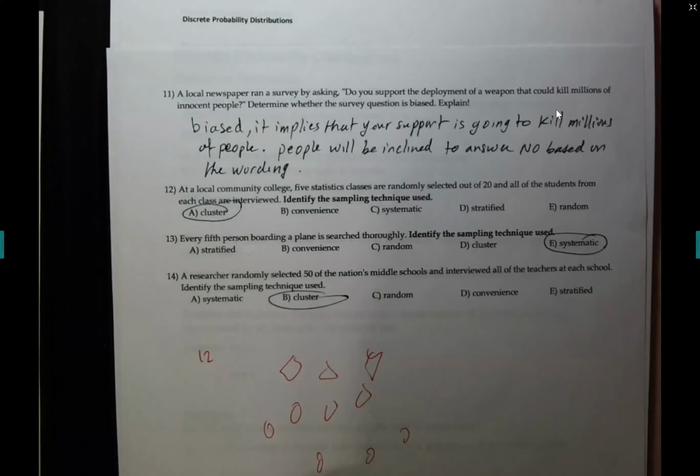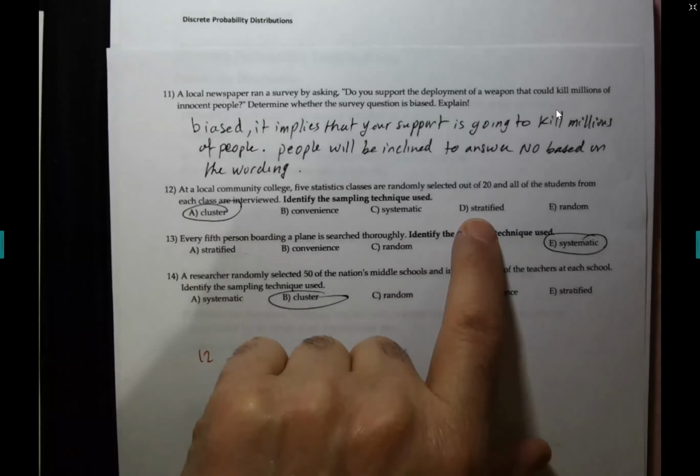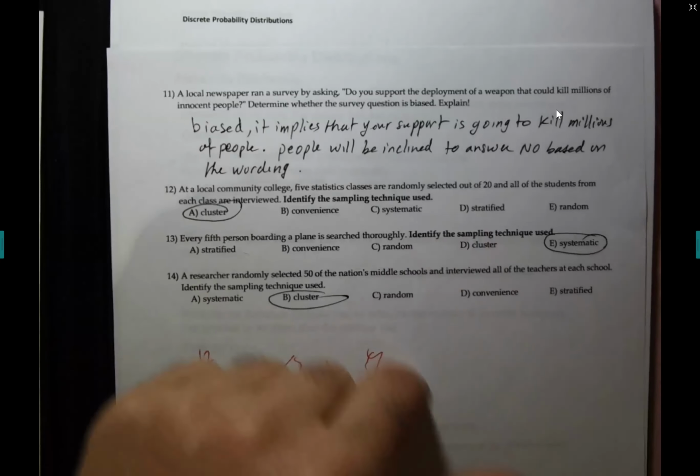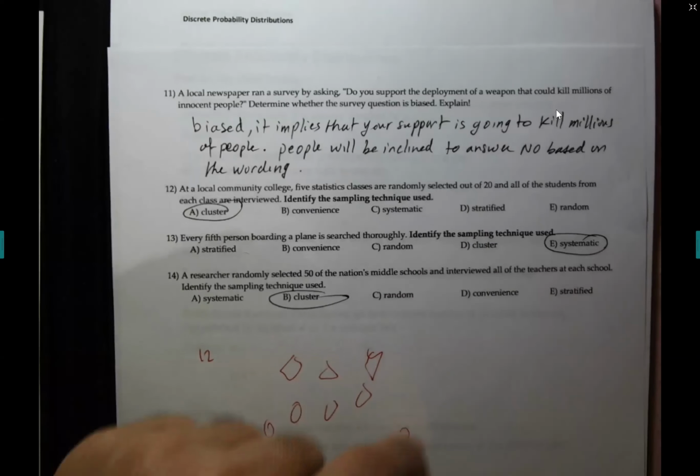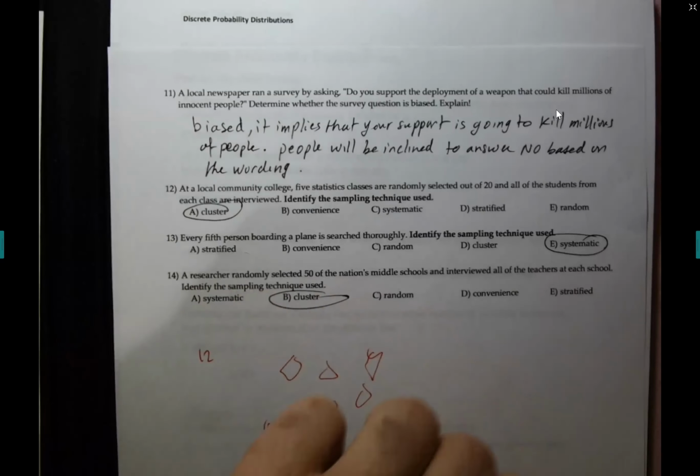When you divide the population into segments and you interview everybody in the chosen segments, that's a cluster. Now, if you ask me what stratified is, let's say you divide the population into 20 strata and you interview from each segment, that's what stratified is.